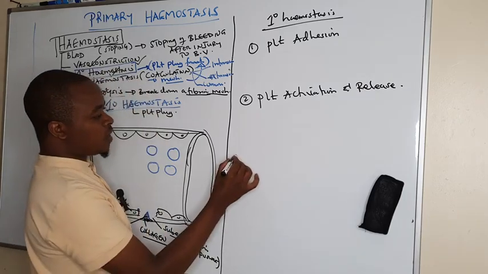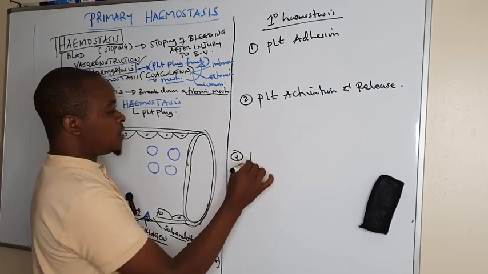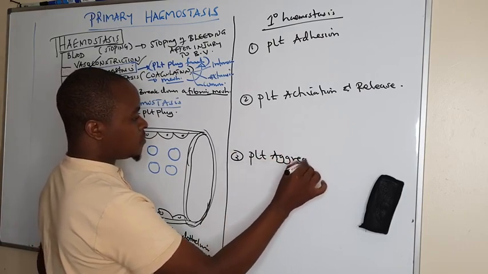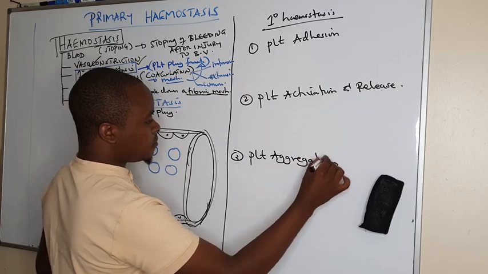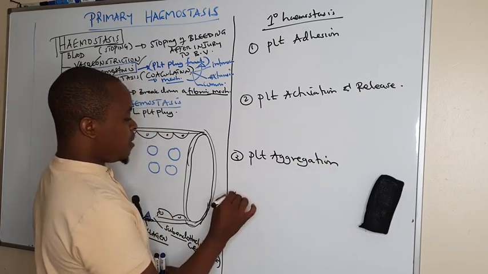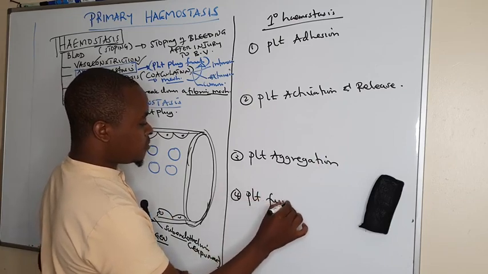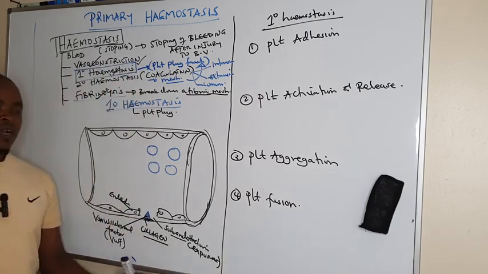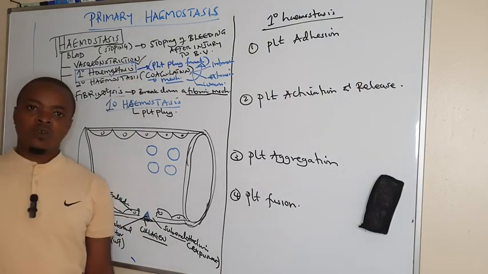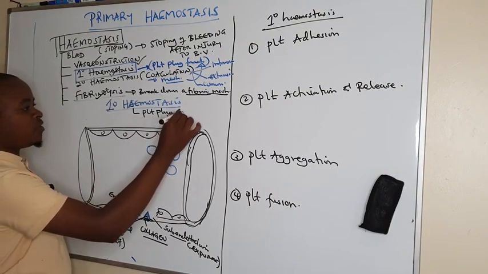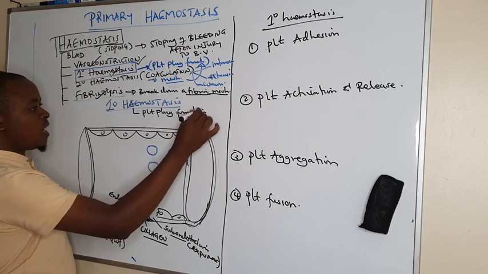Then number 3, which is platelet aggregation. Then number 4 shall be platelet fusion. So these are the processes that occur under primary hemostasis, and the aim result is platelet plug formation to stop blood from oozing out.